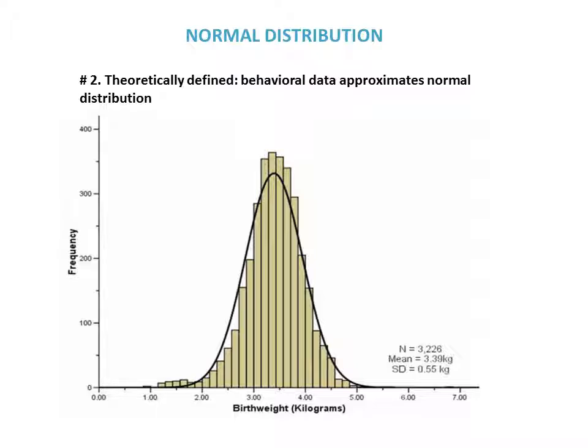This histogram is the frequency distribution of birth weights in 3,226 newborn babies. This distribution can be estimated by the superimposed smooth bell-shaped curve because we assume if we could look at the entire population of newborns, the distribution would have been the bell curve.